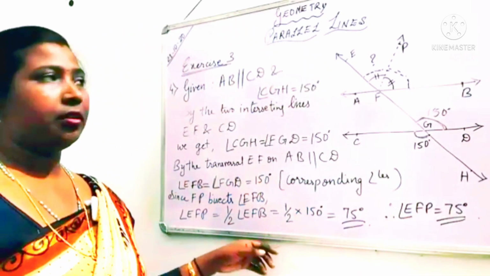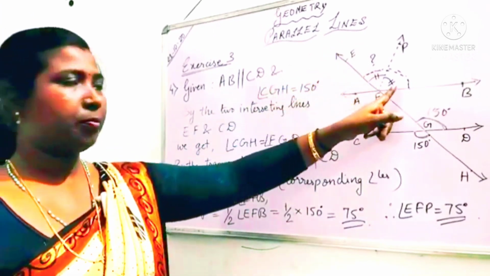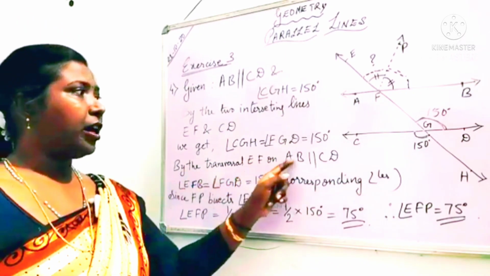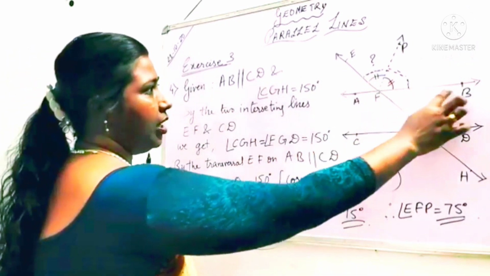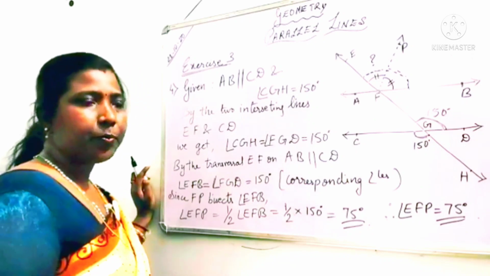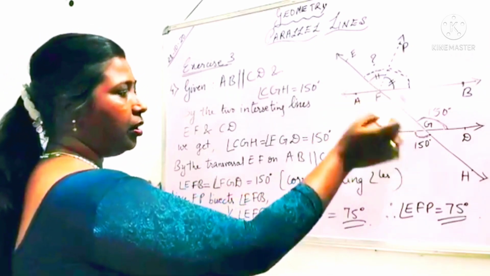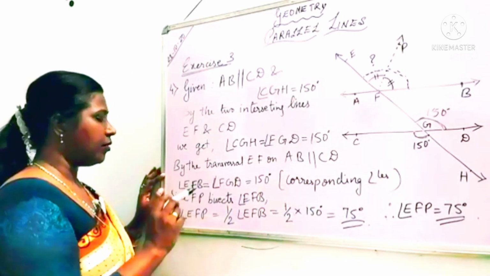Clear students? Again I am explaining this part: by the transversal EF on AB parallel to CD, EFB is equal to FGD because they are corresponding angles.